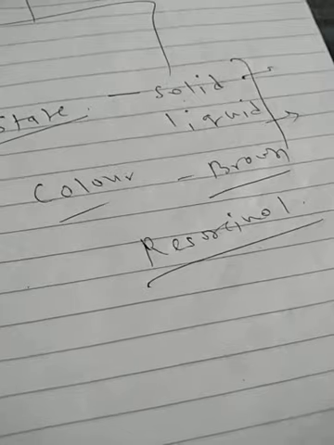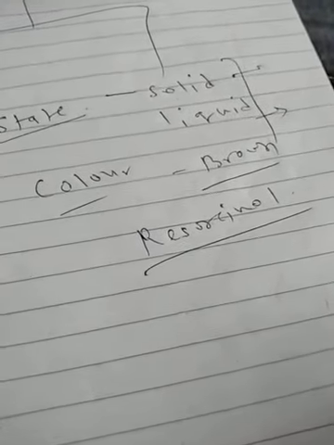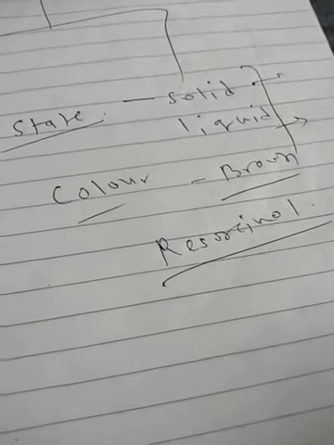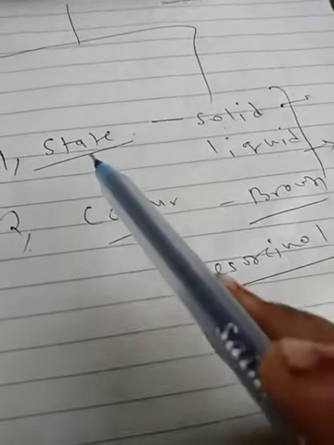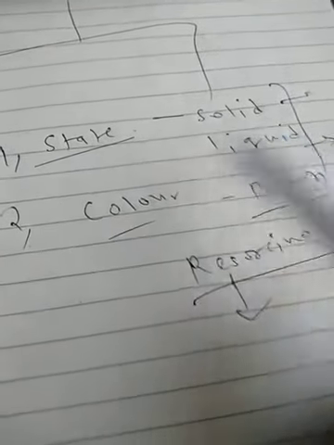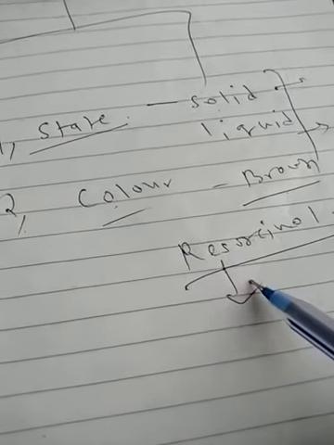For resorcinol, you have to do one Tollens test which we did. Okay, very easy. Only on the basis of state, that is solid, and color chocolate brown, your compound will be resorcinol.